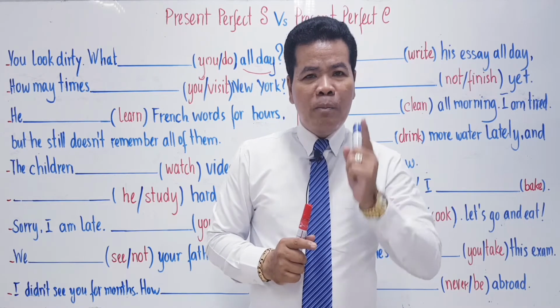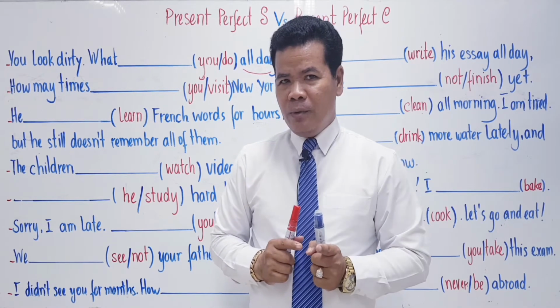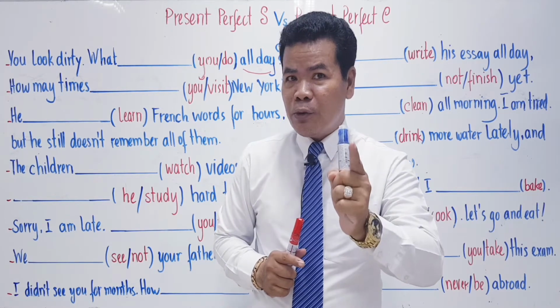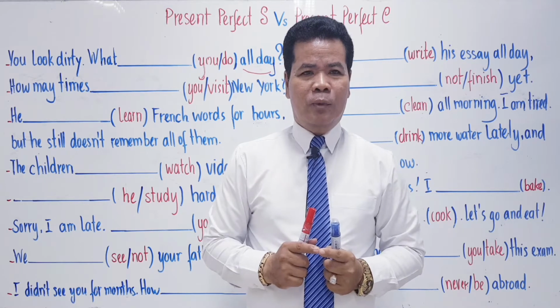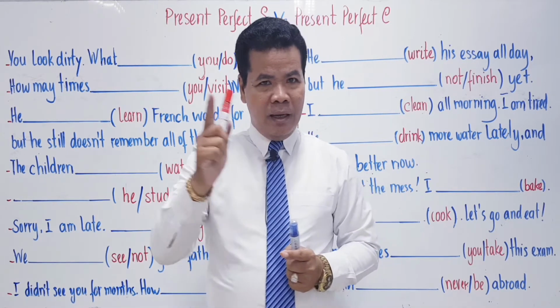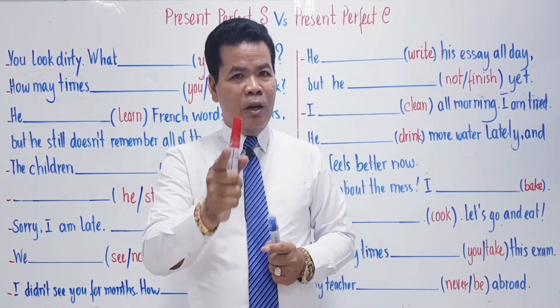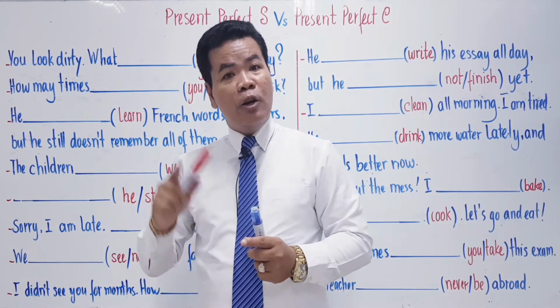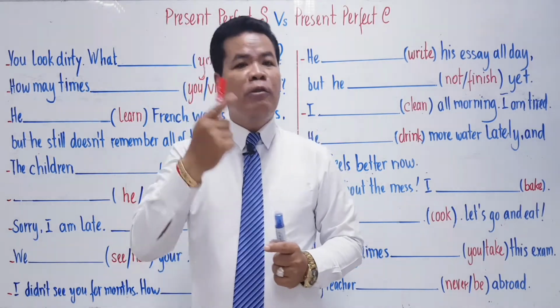Okay? When you have made your decision already, you have to think about forms or spelling rules. So first, you have made your right decision. You choose present perfect progressive. And then go to the rule. Go to the form, right?